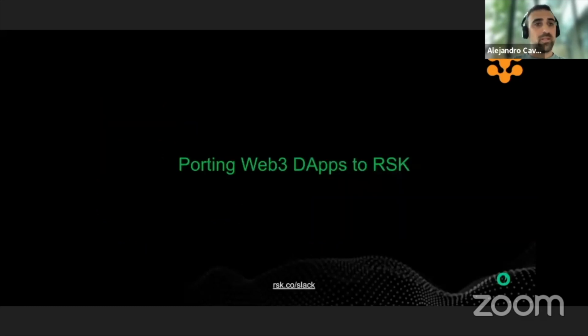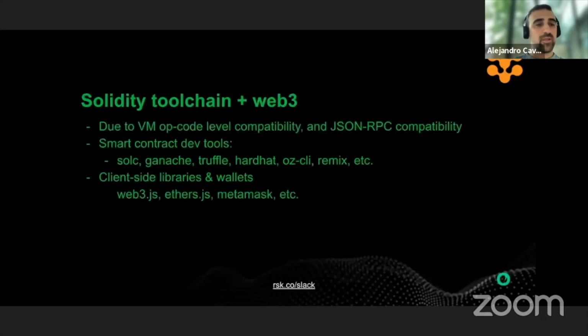So, porting Web3 dApps to RSK. We said something about this, but let's go into details. Developing on Rootstock is easy. If you have previous experience on Ethereum or another EVM compatible blockchain, you can do it without any problem. This is because Rootstock is EVM compatible at opcode and interface level. So you can develop with the same tools that you are used to using.